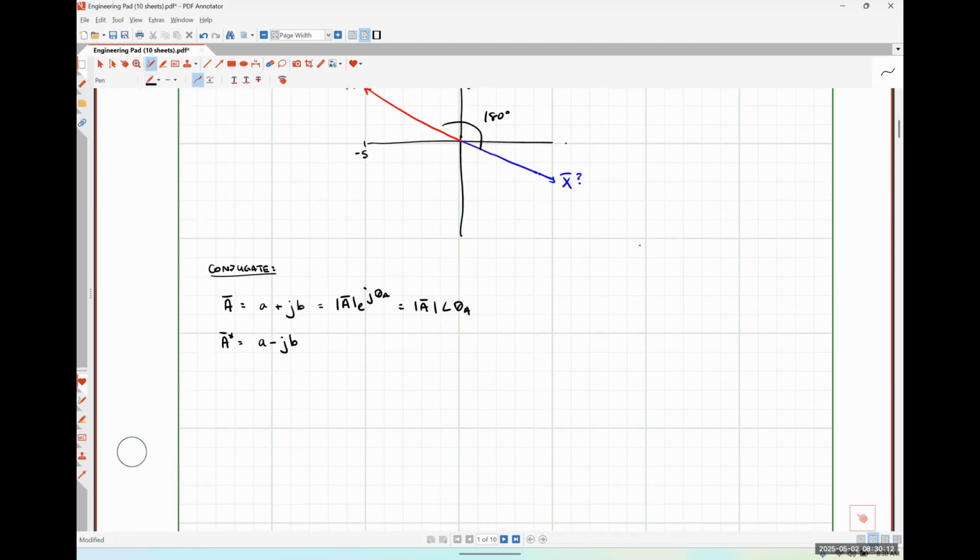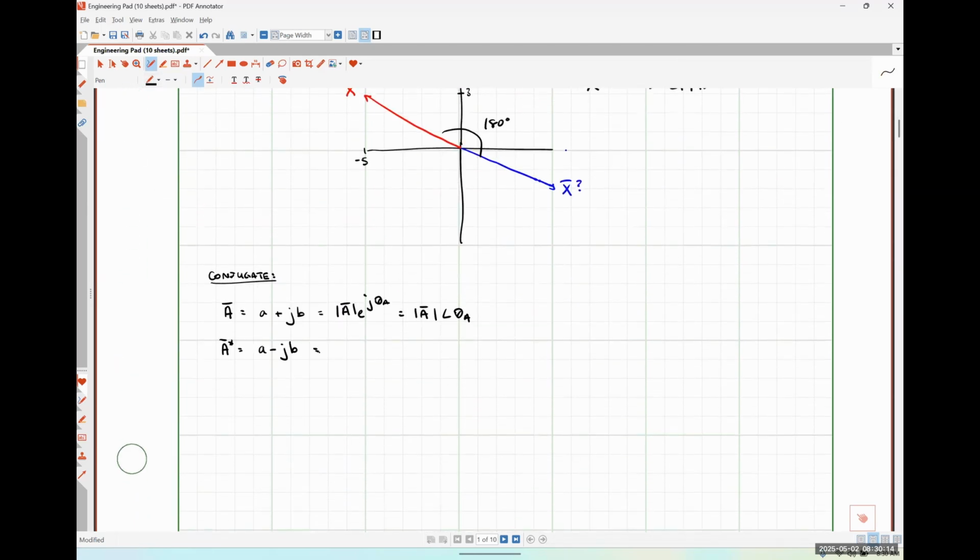So if we go back down here, I could define A conjugate then as the magnitude of A e to the minus j theta a, or the magnitude of A with an angle of negative theta a.